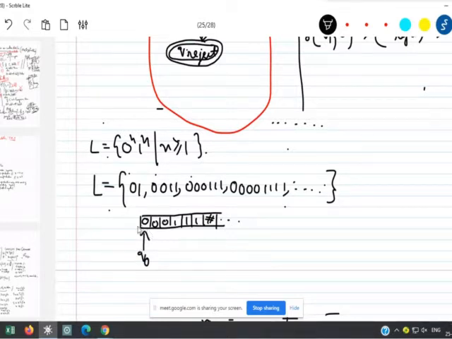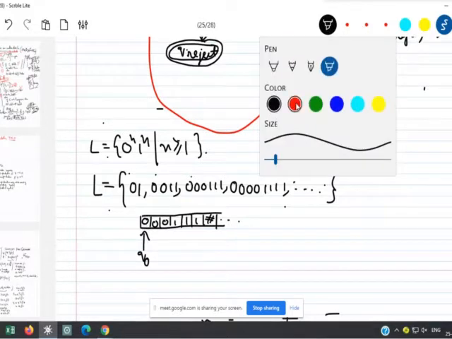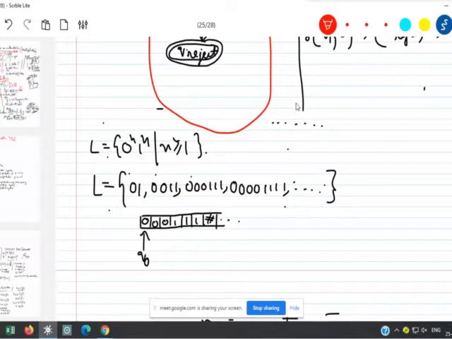Whenever I read 0 from the input tape, I'm going to replace this 0 by the symbol A.